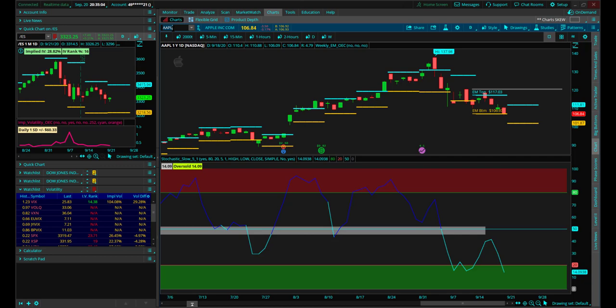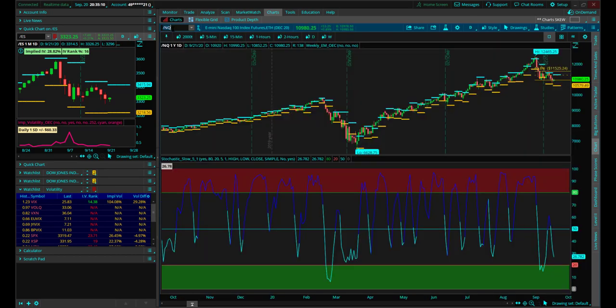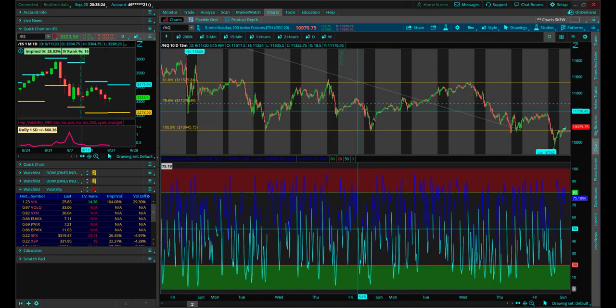If I saw that signal on the daily time frame, I would go into the intraday and begin looking for short trade opportunities. Now that doesn't mean that I'm just going to go and put on a swing trade and go short, but as a day trader, I may take a signal like that into the intraday and begin looking for those short trading opportunities.